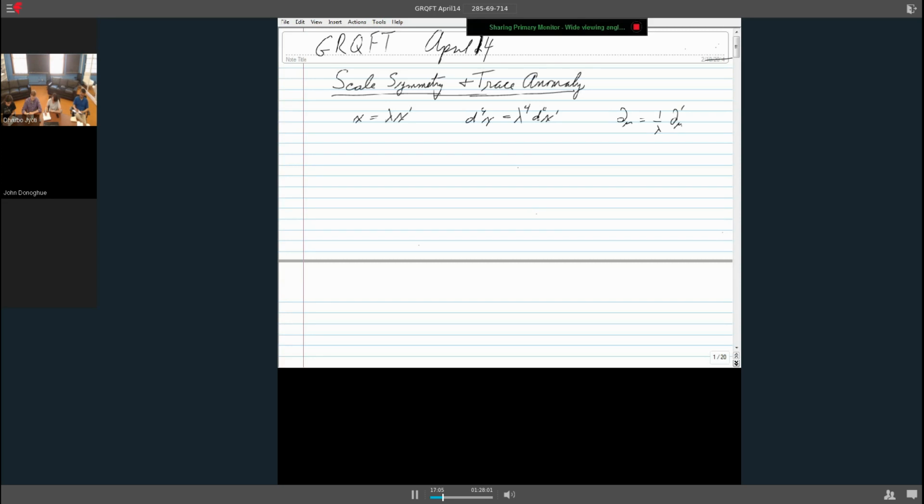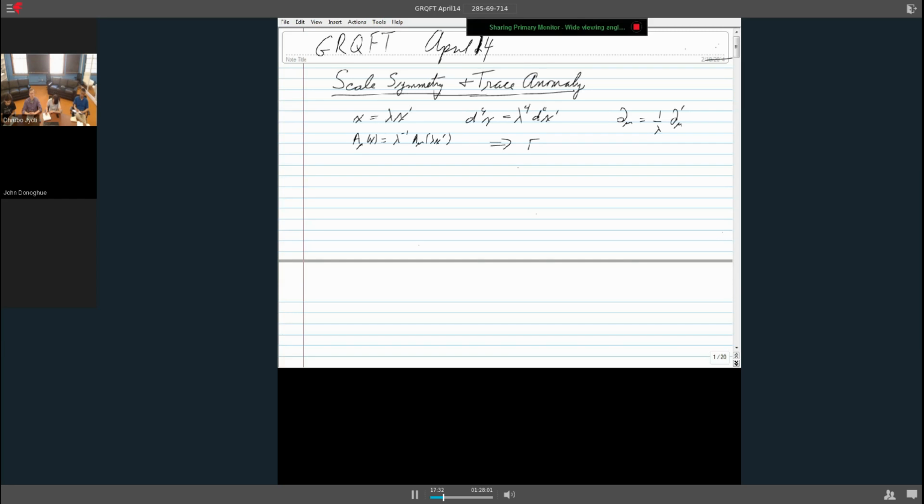by just doing some rescaling. So let's take x is lambda x prime, d4x is lambda to the 4th d4x prime. So there I'm rescaling coordinates. d mu is 1 over lambda d prime mu. But I can also then rescale fields.